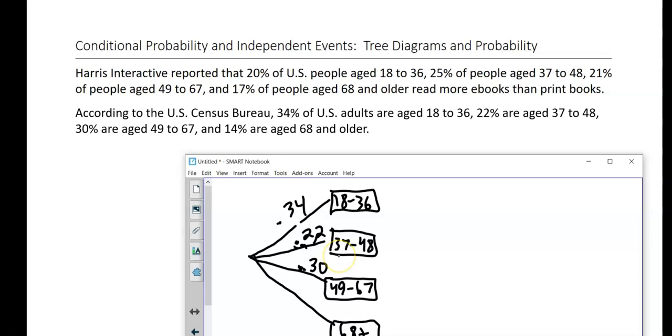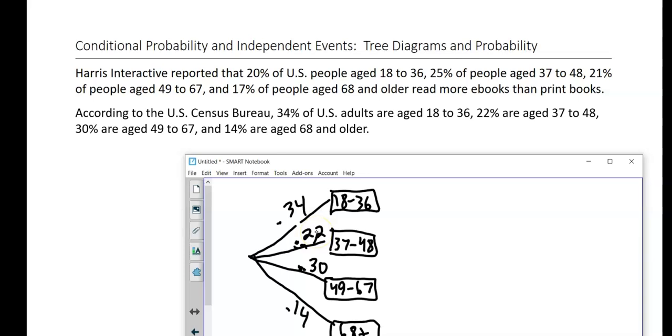And then 14% are the other one, 14%. Let's see if those add up to 100%. Yeah, those add up to 100%.